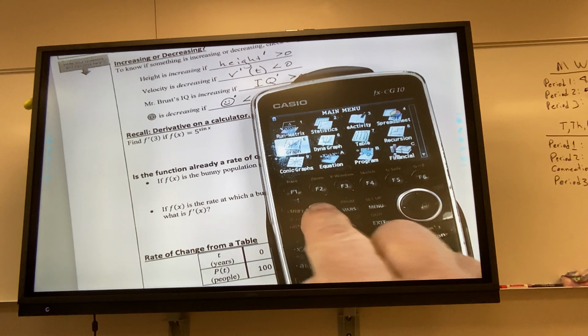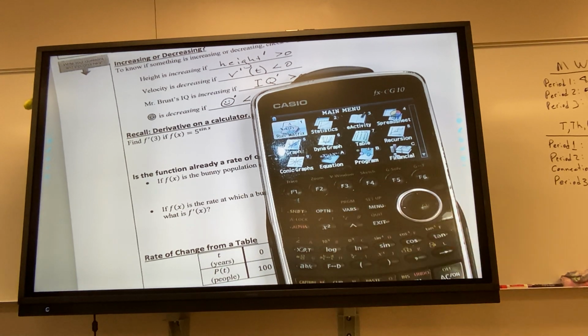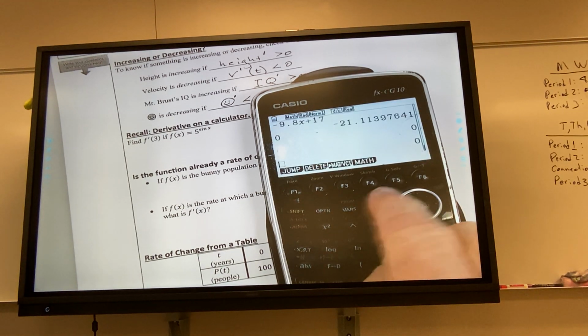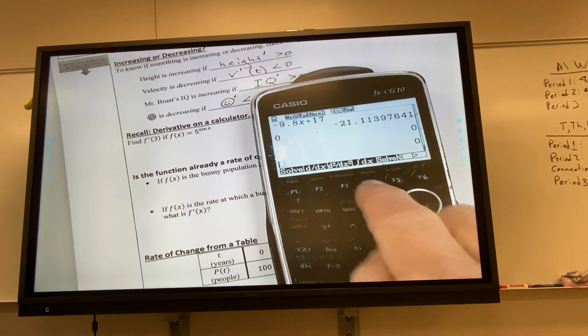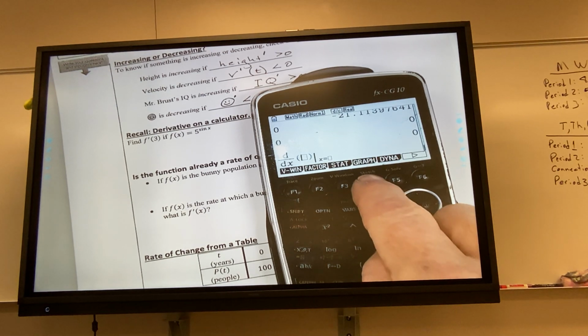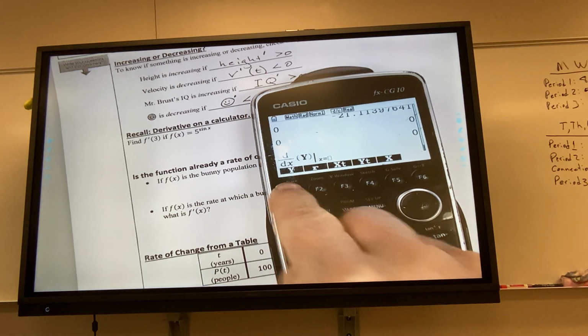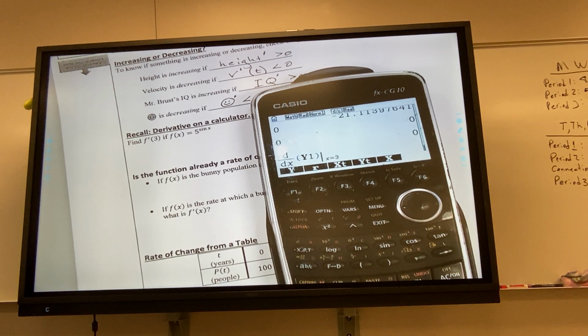Casio people, you're going to go to option, go to calc, find your derivative. Go to vars, choose graph, hit y1, and then a comma. If you got an older one, put a 3 in there.